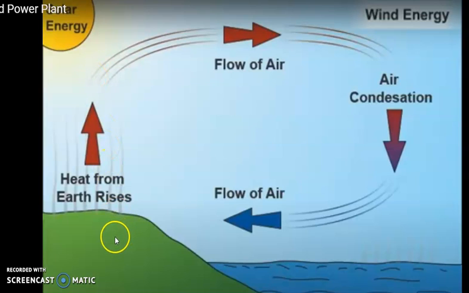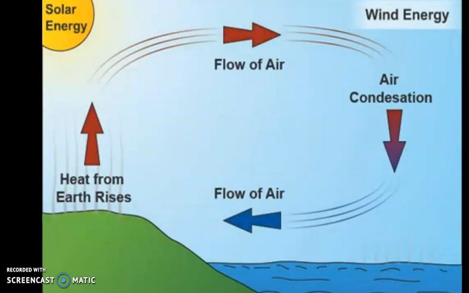Now this heat will rise, and there is a change in the density of the air as well as a change in the temperature, and because of this a flow of air takes place. As we see in the basics regarding wind flows, there is a flow of air, and we are going to use this energy from the wind to convert into electrical energy.